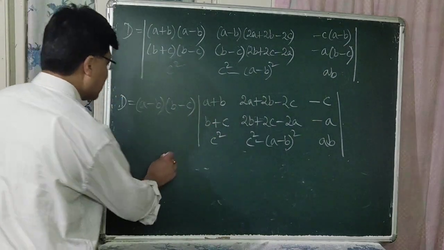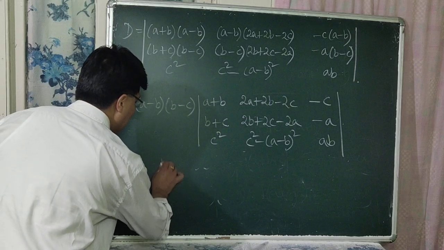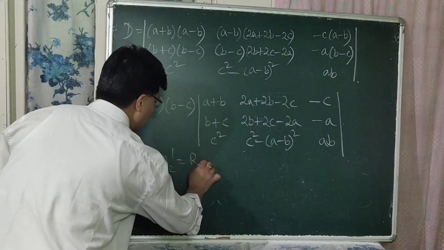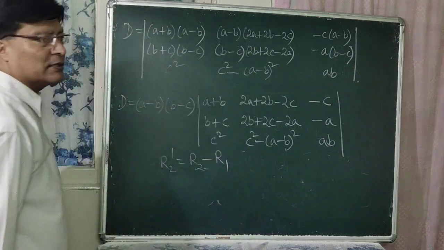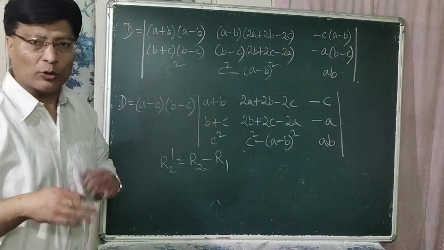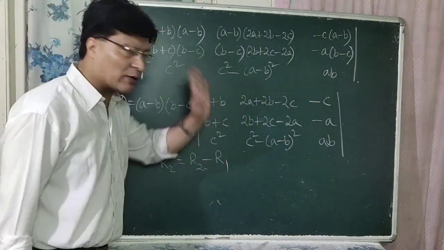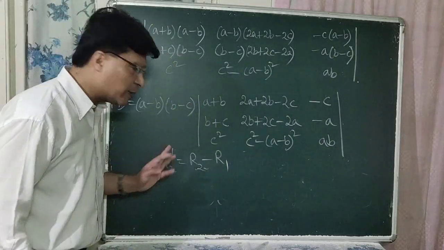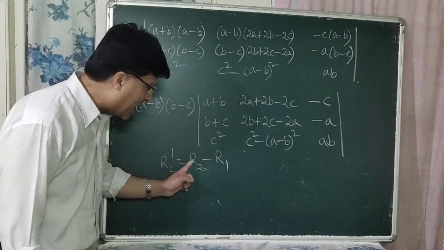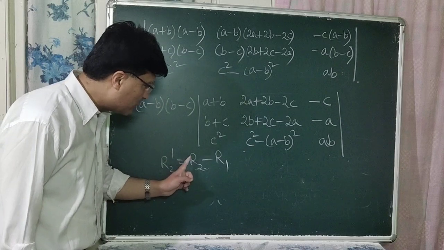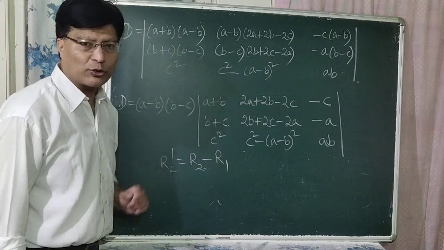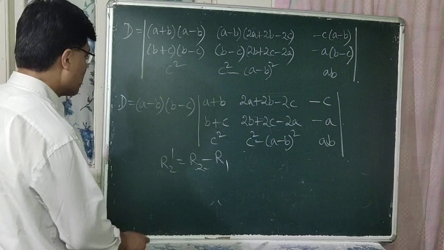So what we will do here is that you should write here r2 dash is equal to r2 minus r1. That means new row 2. That means row 2 is changing. So it is r2 minus r1, right? So r2 dash is first r2, then minus first row. Okay? So let's do this one.